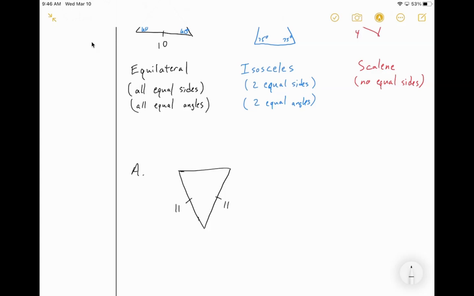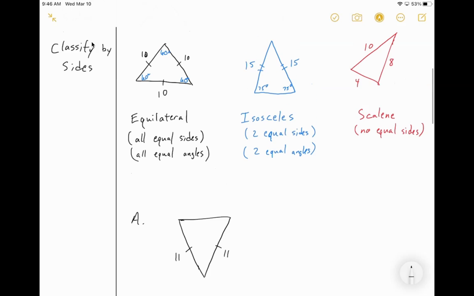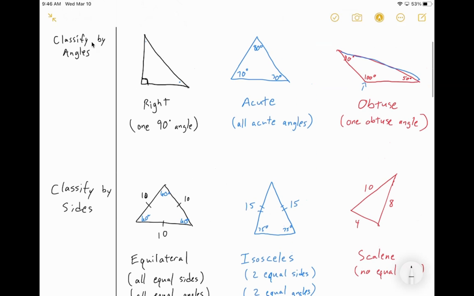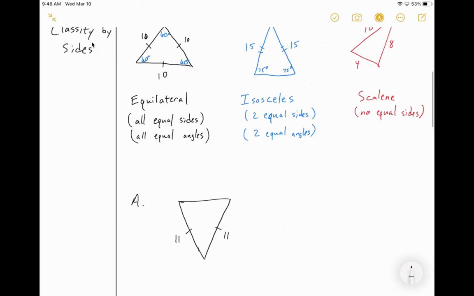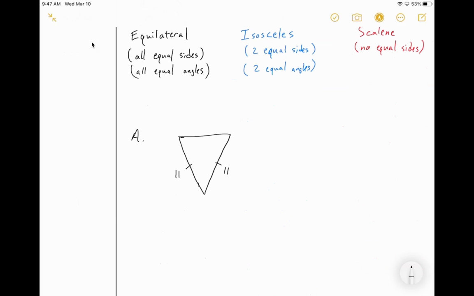So first of all, let's do this by the angles. So we look at our angles. We say, okay, is there a right angle? No, it's not a right triangle. Are there acute angles? It looks like it. Is there an obtuse angle? Doesn't look like I have an obtuse angle, right? So here are my options, right? I've got right, acute, and obtuse. It's not a right triangle. It's not an obtuse triangle. So this is an acute triangle, right?